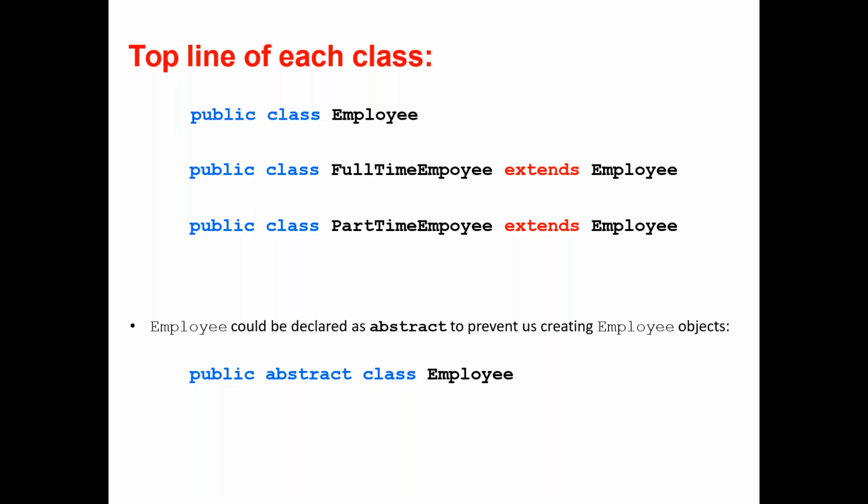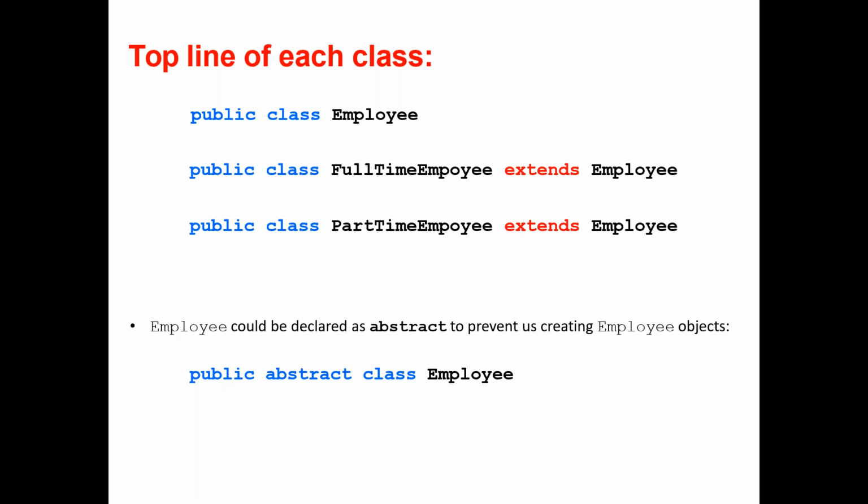So, the top line of each class, as you can see, we have public. By public, we say that everyone can access our class and retrieve this method.